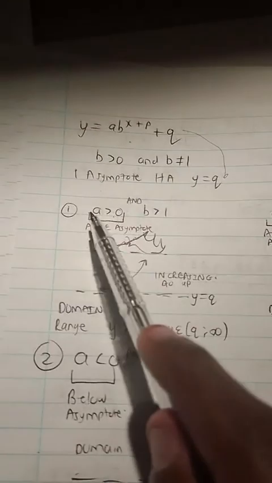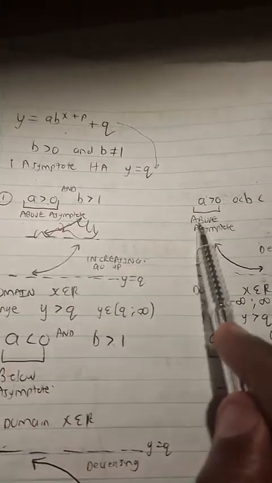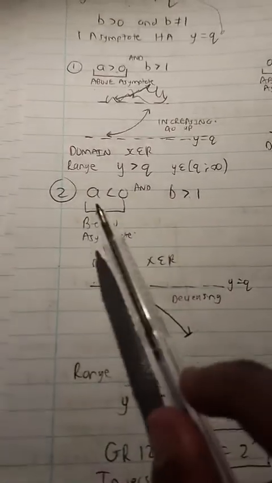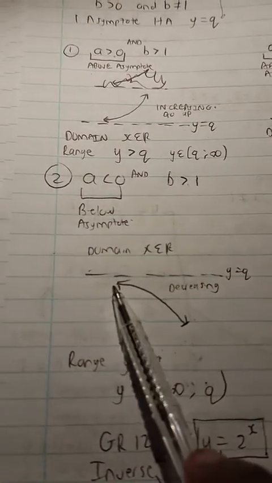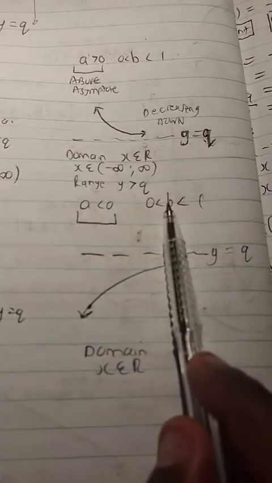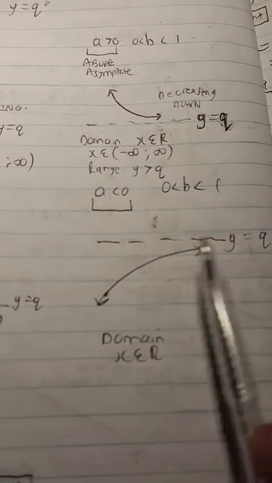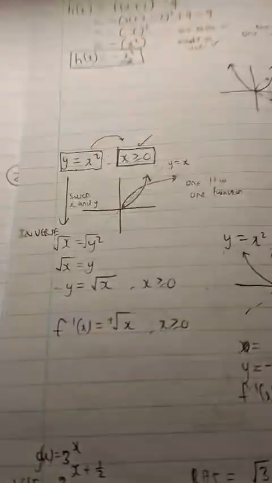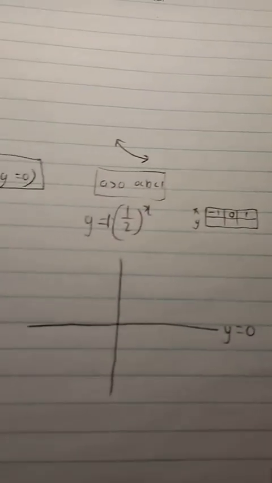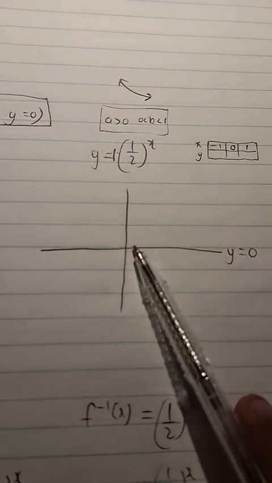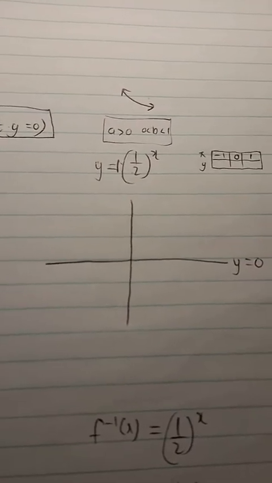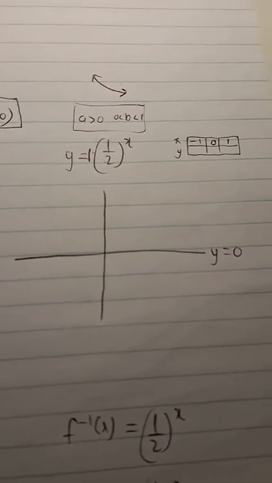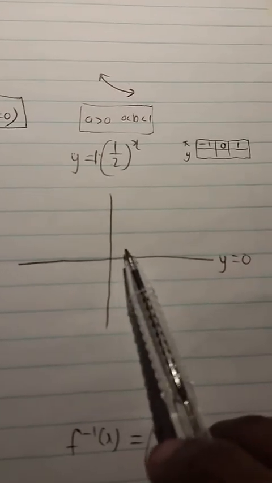Of course, for both a greater than 0, we know the function is above the asymptote. Then when a is less than 0 and b is greater than 1, it's below the asymptote but decreasing. A less than 0, b between 0 and 1, it's below the asymptote but increasing. So in my head, I already know the kind of function I will see prevail as I sketch. So there's no way I'm going to make a mistake when sketching the function.